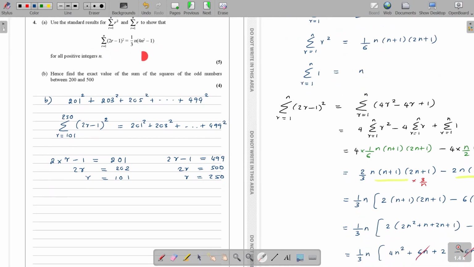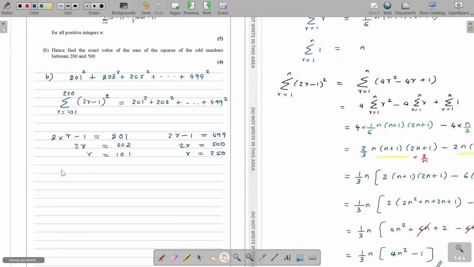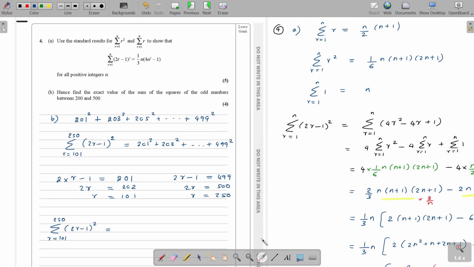So how do I use part A? Summation of 2R minus 1 square from R equals 101 to 250. Now you do realize that the result that I got here, you can see this result is valid only if you start R with 1.